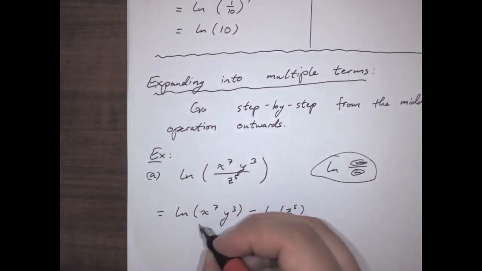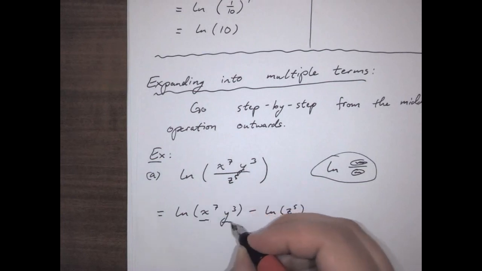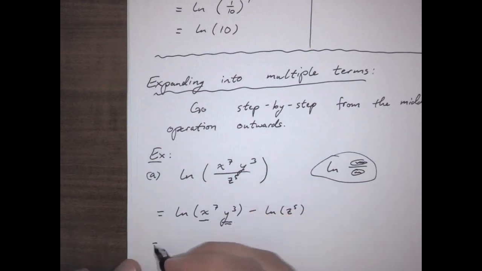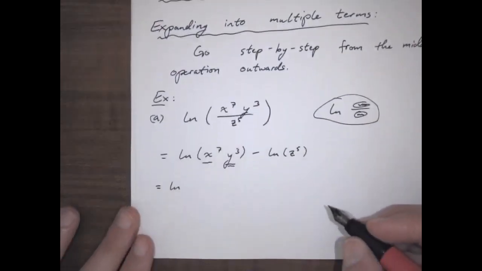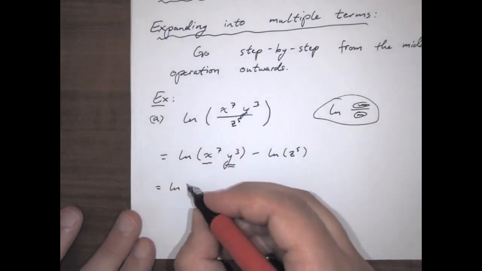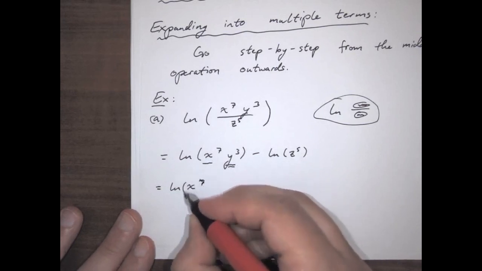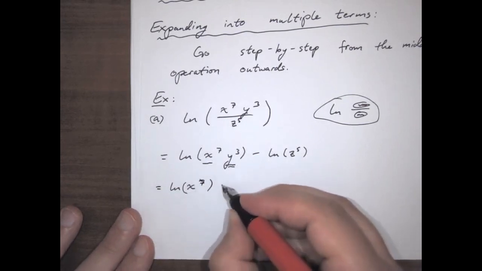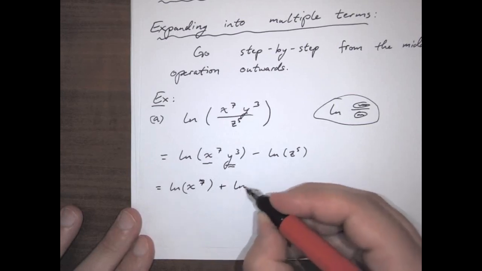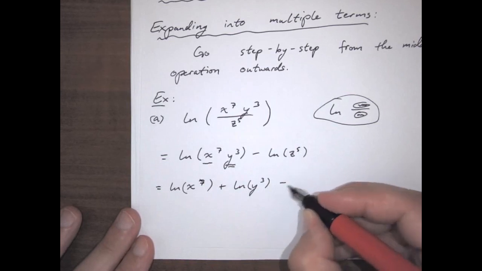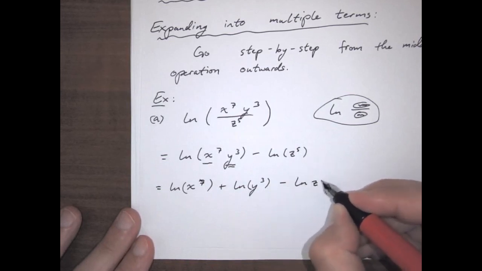Now right here, what we have is a log of a product. So it can be broken up into log x to the 7th plus natural log y to the 3rd minus natural log z to the 5th.